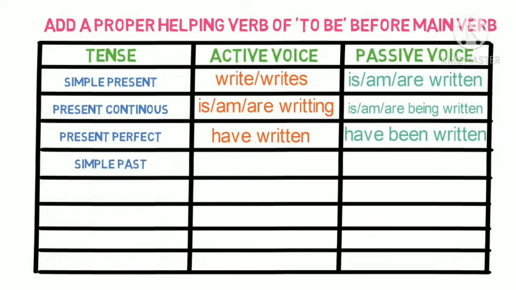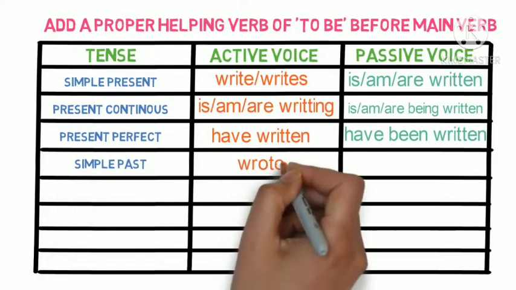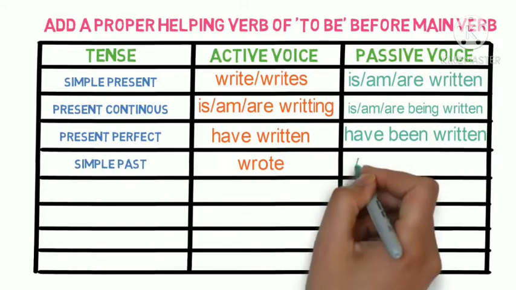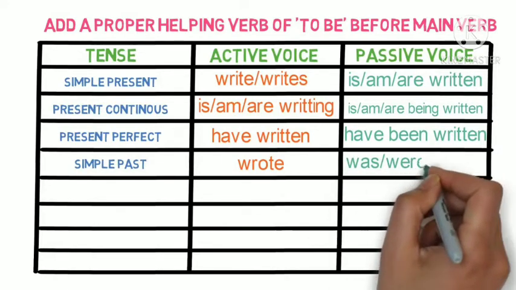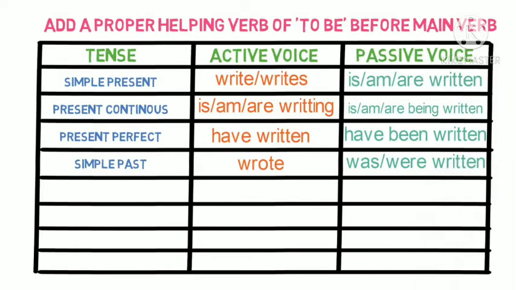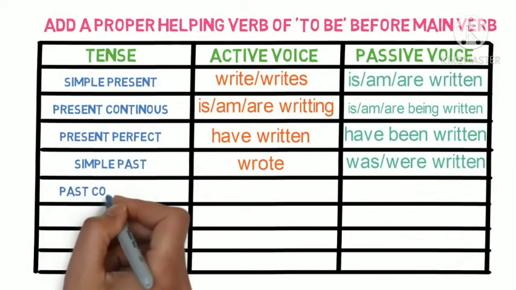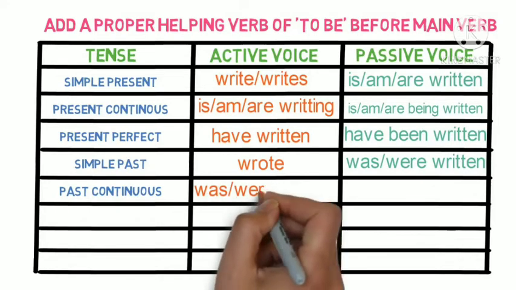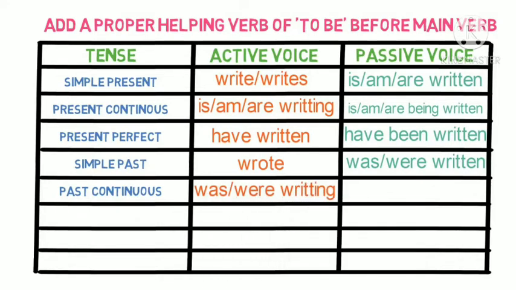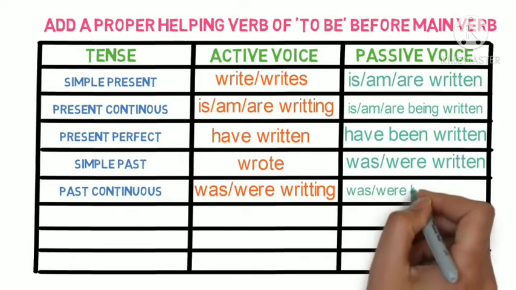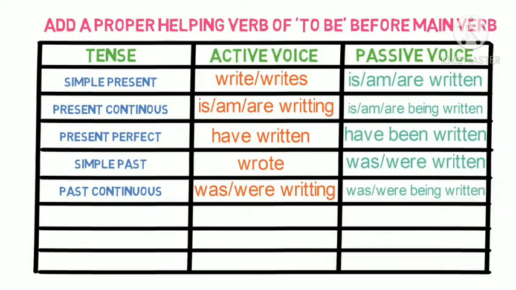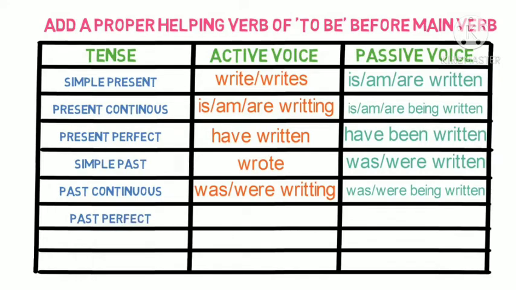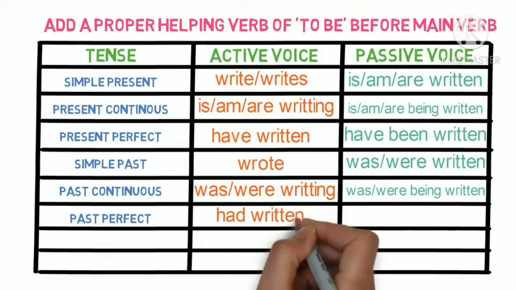In simple past, wrote is the base form. It changes like this: was or were written. Then past continuous tense, was or were writing. It will change like this: was or were being written. Then past perfect, had written in active voice.